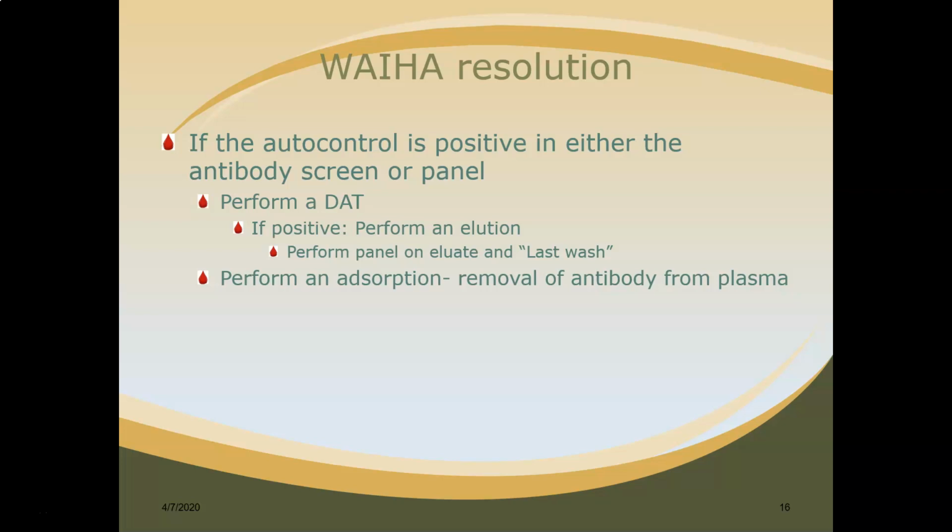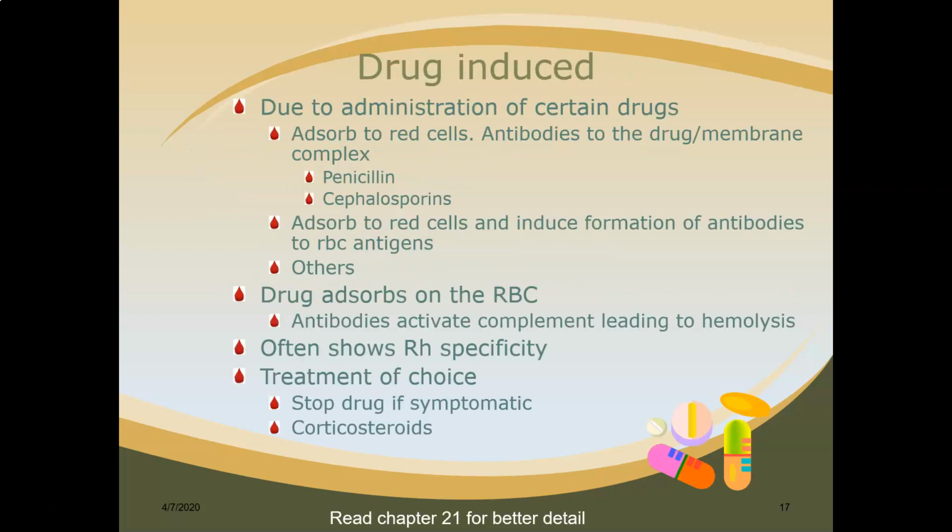So if the DAT is positive, we're going to perform an elution, and I'll talk about those in just a moment, and the same with the adsorption. But it requires some pretty massive work to get this warm auto to go away so that we can look for the underlying clinically significant antibodies to make sure that we are actually transfusing blood that is as compatible as we can get it.